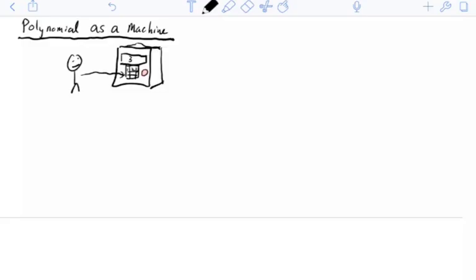With machines, with computers, we're used to the idea of an input and an output. You put a number into the machine, or some information, and the machine or computer spits out another number.